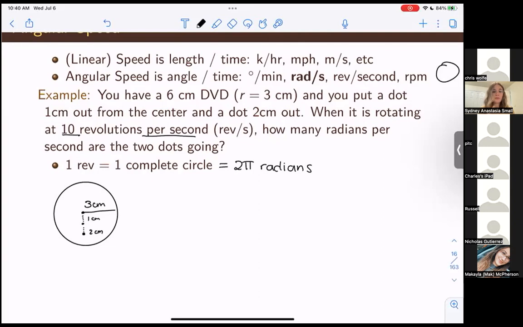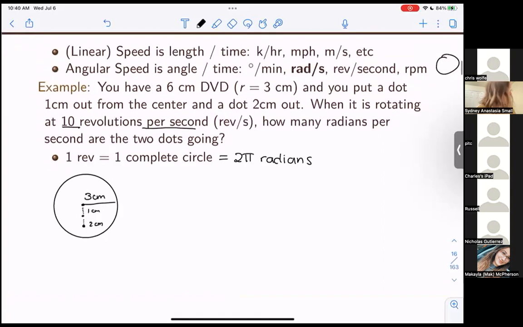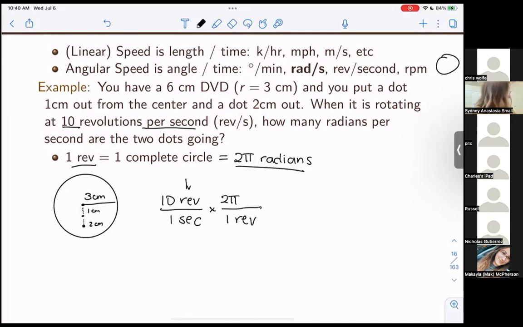Okay, so we know just right off the bat, the information we're given is that this CD is rotating at 10 revolutions per 1 second. And all we want to do is convert this unit right here, revolutions, into radians. So all we have to do is make the units of revolutions cancel. Just from this little piece of information up here, we know that for every 1 revolution, which I will put in the denominator because I want revolutions to cancel, we go around the circle 2 pi radians.